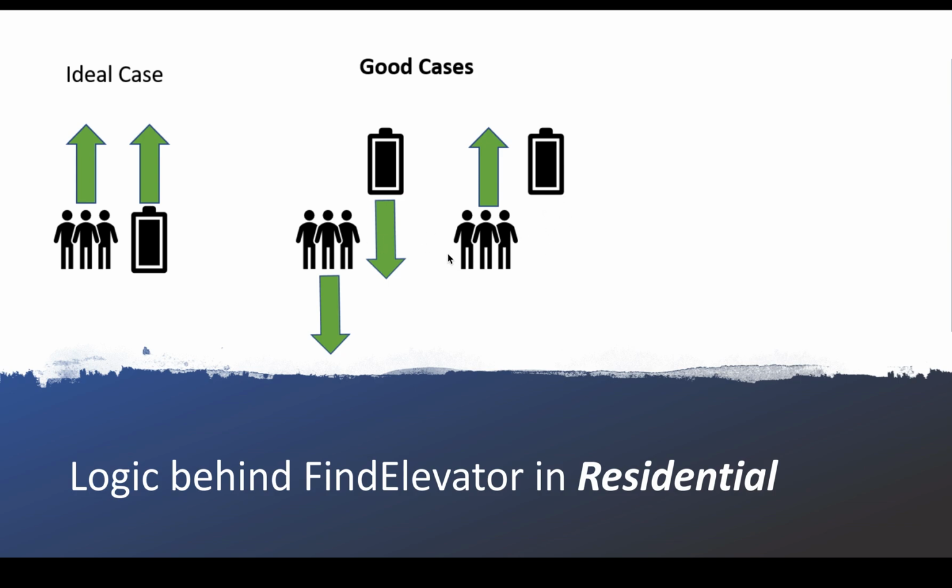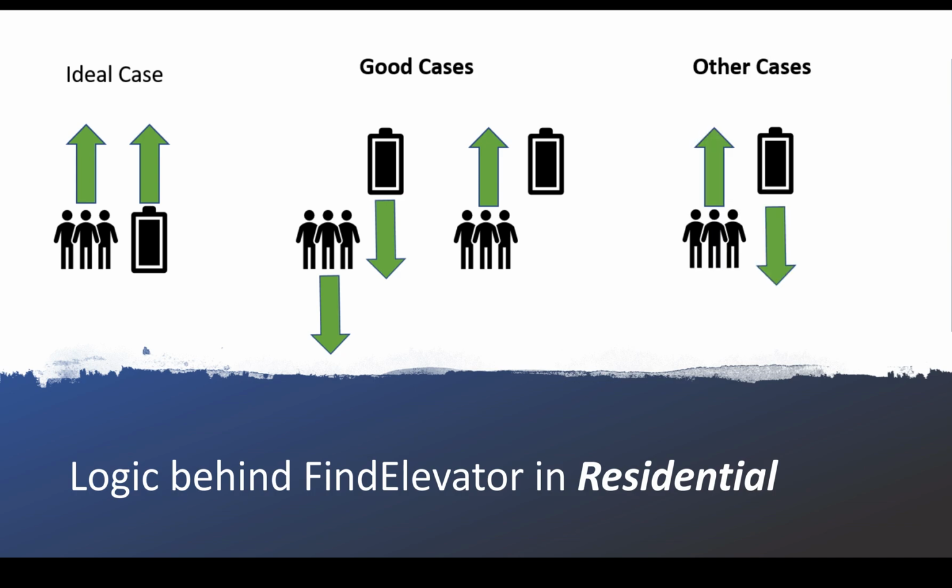In both cases, we can add this elevator to the good cases, and finally we can find the best case depending on which one is closer and which one has the shortest stop list.